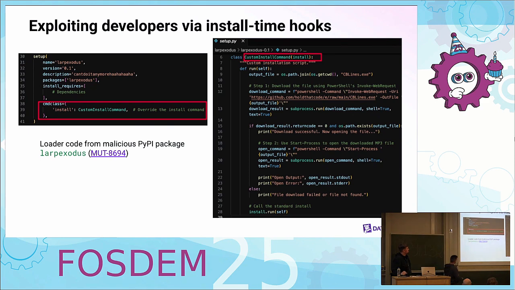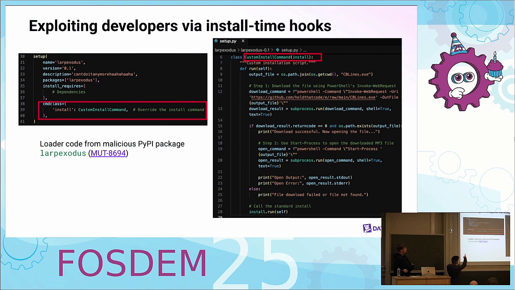Another example, in this case from PyPI, from the Lapardexos package. In this case it was from MUT-8694. MUT stands for miscellaneous unattributed threat. Basically, this is the way we name threat actors that do not belong to a known nation-state actor, but where we can cluster the attacks into one specific cluster.